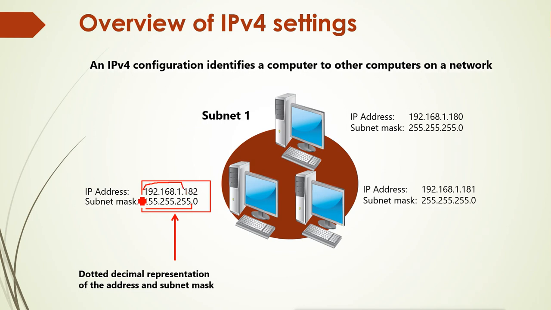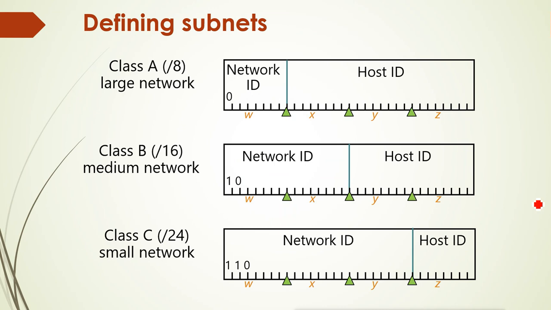For example, this machine has 192.168.1, and all the other machines also have the same 192.168.1. The last host part is different. This is 180, 181, and this is 182. So they can still be considered a single subnet because they have the same network ID. But if the network ID is different, then they will not be considered in the same network.